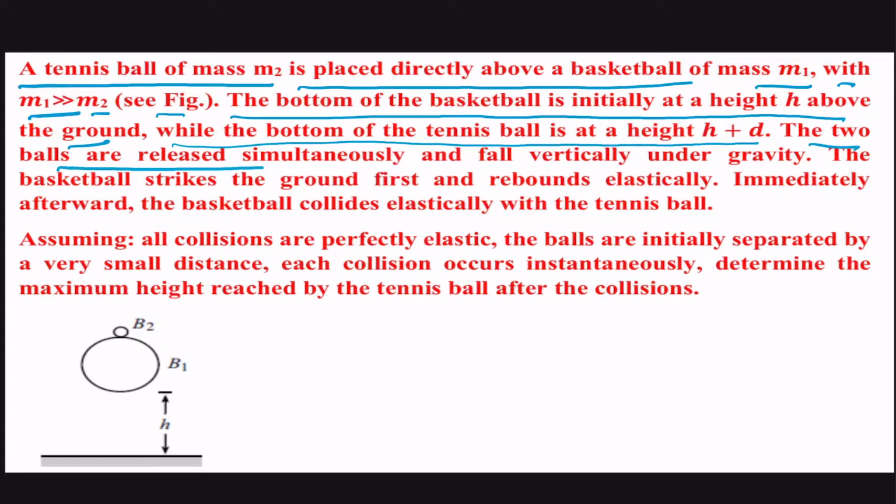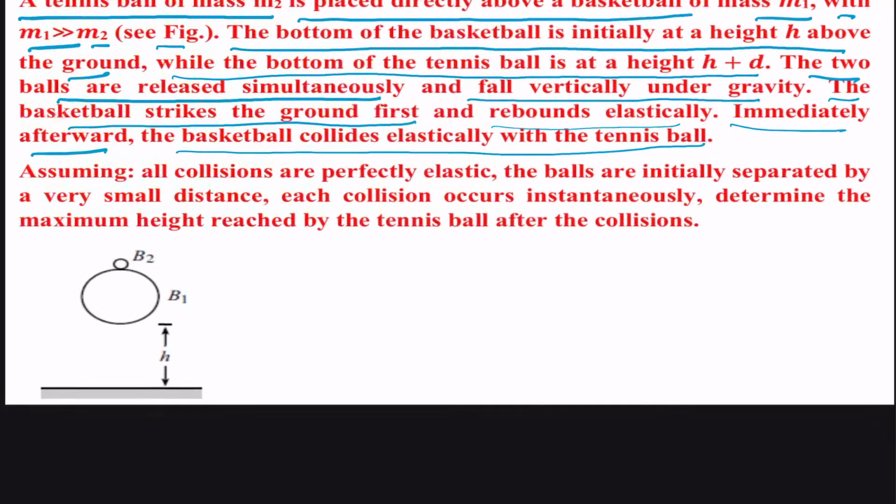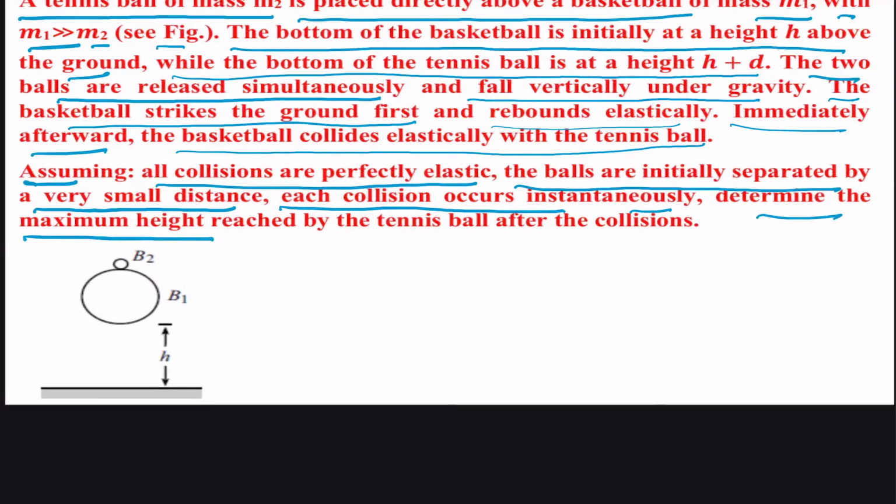The two balls are released simultaneously and fall vertically under gravity. The basketball strikes the ground first and rebounds elastically. Immediately afterwards, the basketball collides elastically with the tennis ball. Assuming all collisions are perfectly elastic, the balls are initially separated by a very small distance. Each collision occurs instantaneously. Determine the maximum height reached by the tennis ball after the collisions.